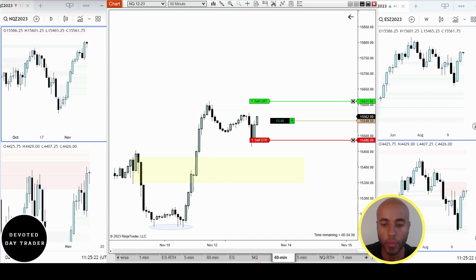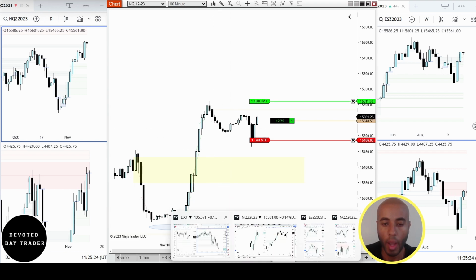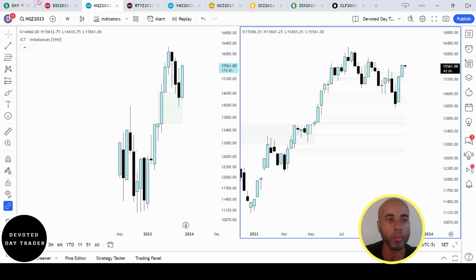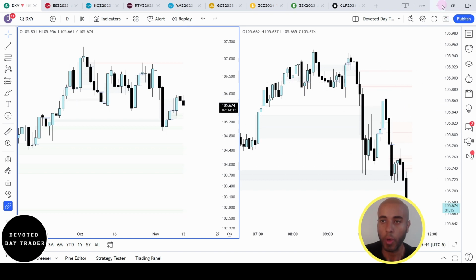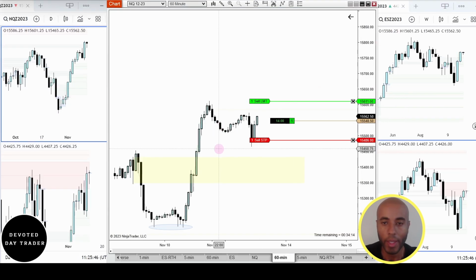And also I keep my eyes on the dollar index. This is a 5-minute chart of the dollar index, and the dollar index is trending down. When the dollar index is trending down, usually both NQ and ES tend to go higher.